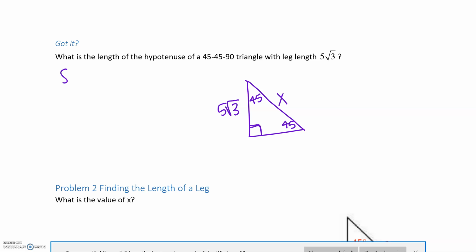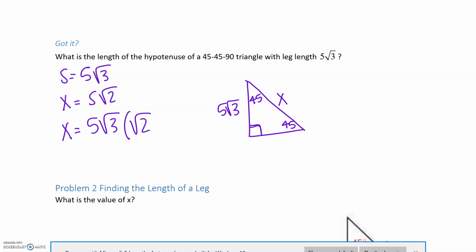Okay, so that means that our S equals 5 square roots of 3, and our X is going to equal S square roots of 2, based on our theorem up top. So we're going to plug in our S into this equation. So we've got X equals 5 square roots of 3 times the square root of 2, which just leaves us with x equals 5 square roots of 6. And that should be it.